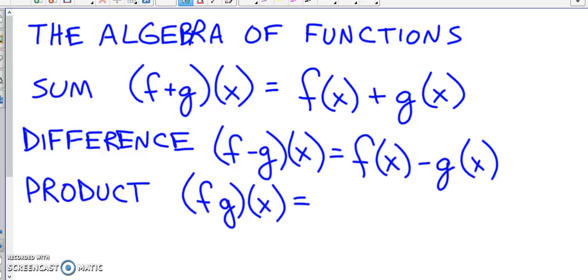So what do you do for that one? No. Product is multiply, right? So this would be f of x times g of x.